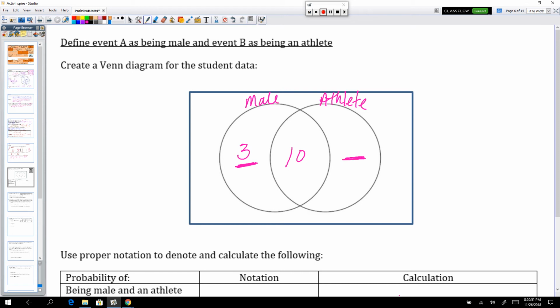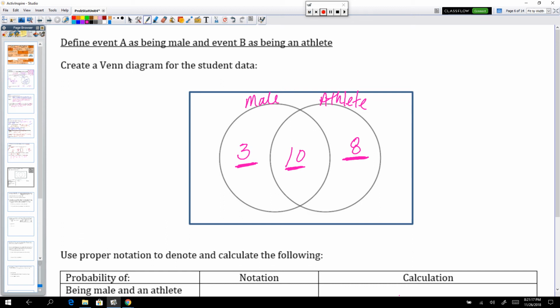And the people here in the athlete circle that are not in the overlap part, those are the people that are athletes but not male, otherwise known as the female athletes. So that's 8 people. We don't want to double count people. If you've already covered these 10 people here, you're not going to count them in either of the other circles. Now, hopefully you'll notice that we have not accounted for everybody.